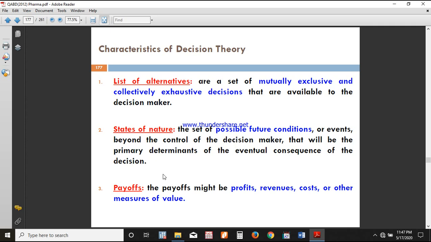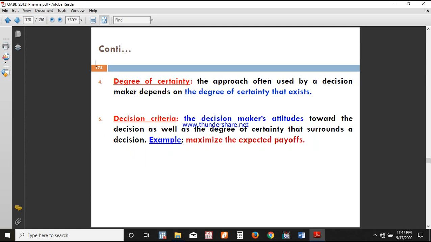The third characteristic of this decision theory model is the payoff. This payoff may be related to profit, revenue, cost, or other measures of value. The fourth one is the degree of certainty, that is, what exactly exists.